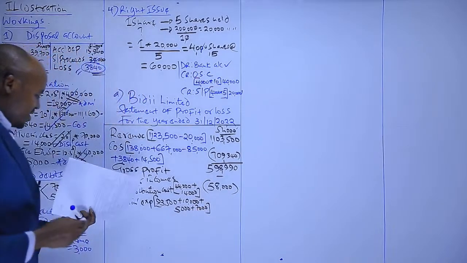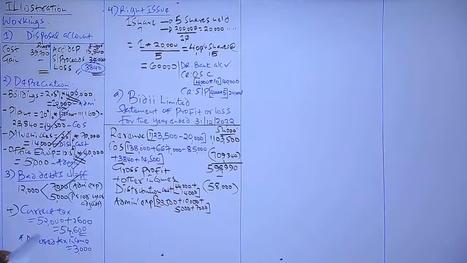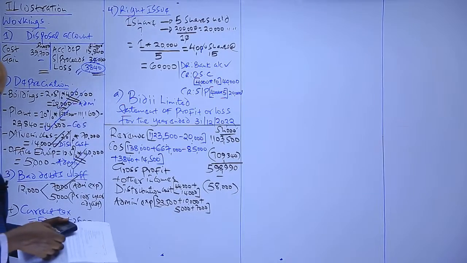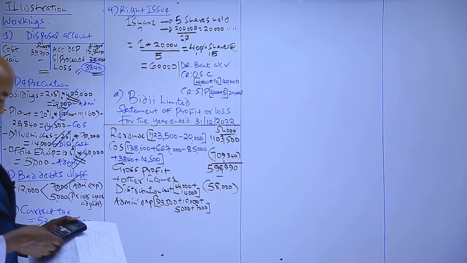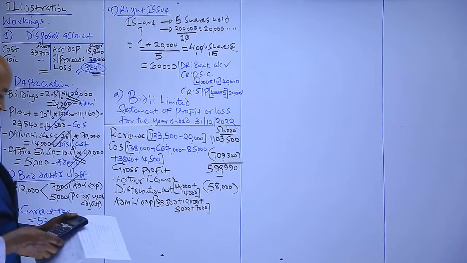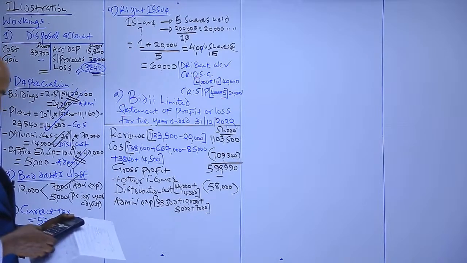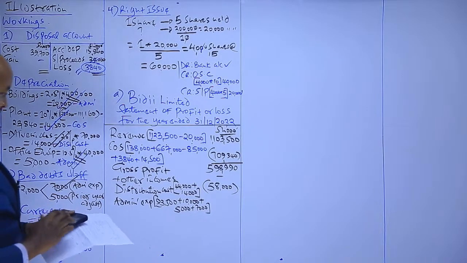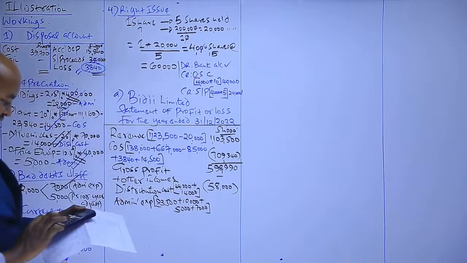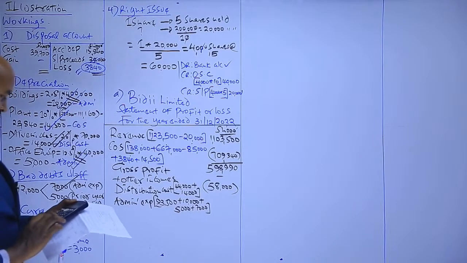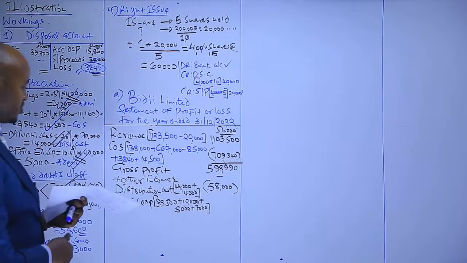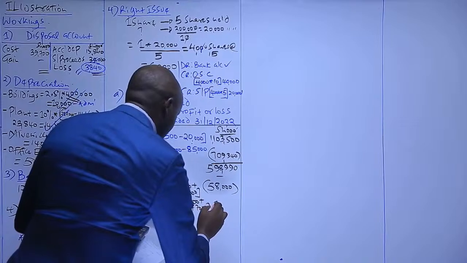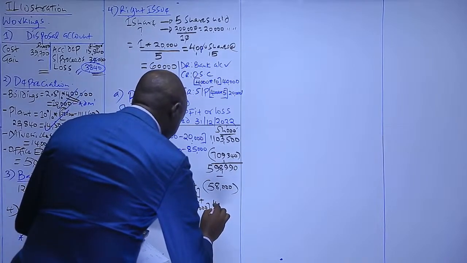So now we can get the total administrative expenses: 93,500 plus 10,000 plus 5,000, or we can just take 5,000 plus 7,000, which gives 12,000. That gives us total administrative expenses of 115,500.